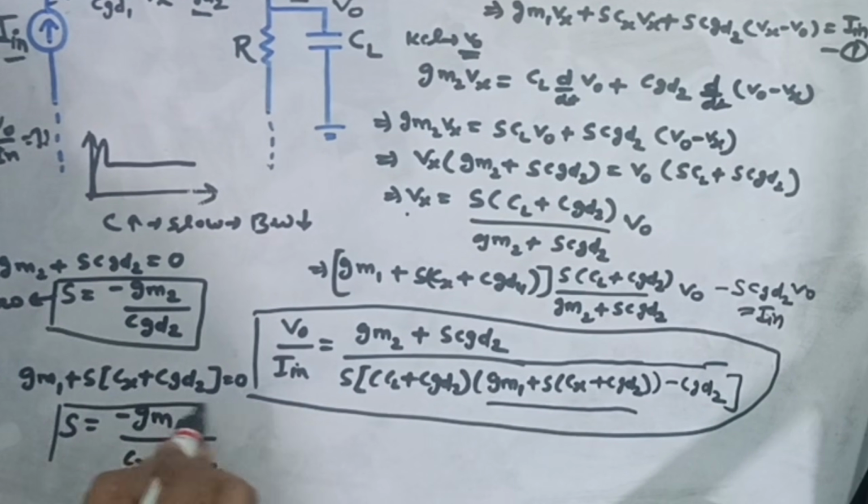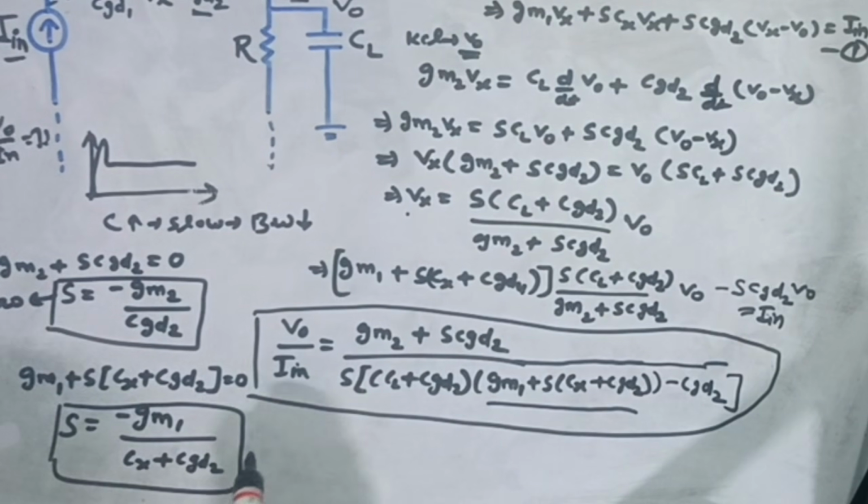This is the value of the pole for this current mirror. Also from this transfer function, it is quite evident that this is not a first order system. The current mirror has multiple poles in the system, so it's a multi-order system. But this will be the dominant pole for this system.